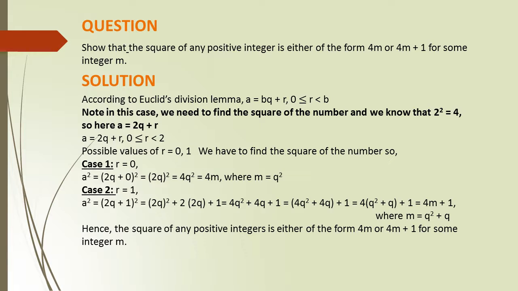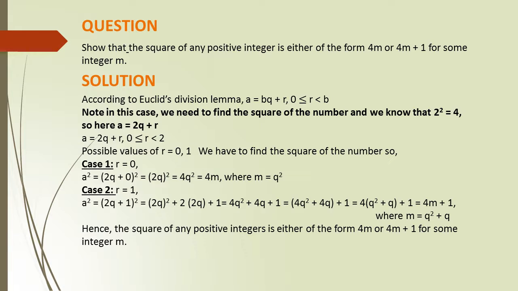Now remember the formula. Let me take it as x plus y whole square, otherwise you will get confused between a and b. So x plus y whole square is x square plus 2xy plus y square. We use that formula and we get 2q whole square plus 2 into q into 1 plus 1, which comes to 4q square plus 4q plus 1.